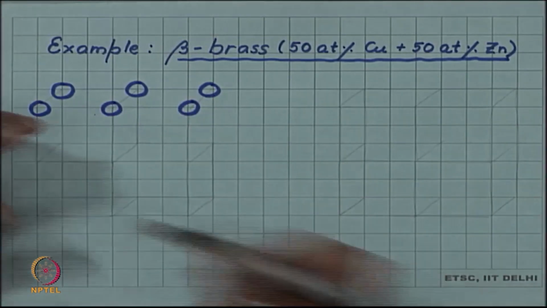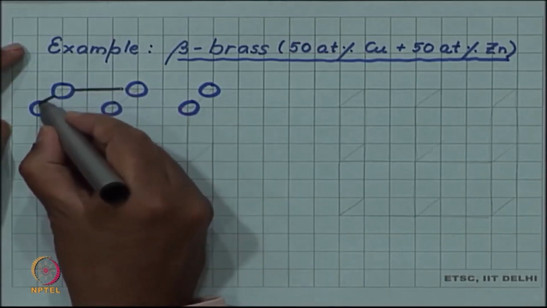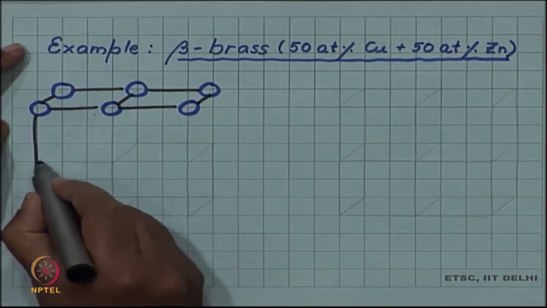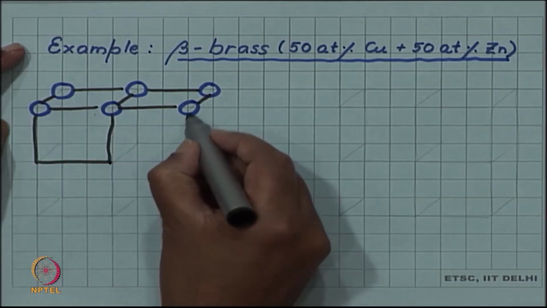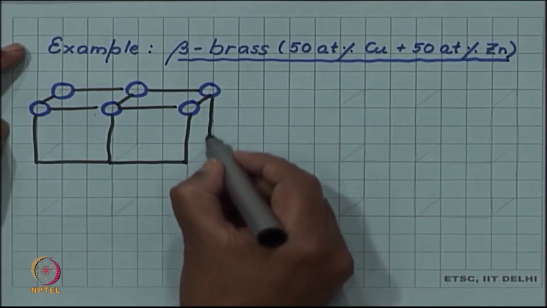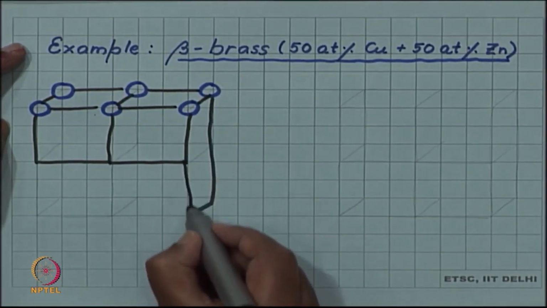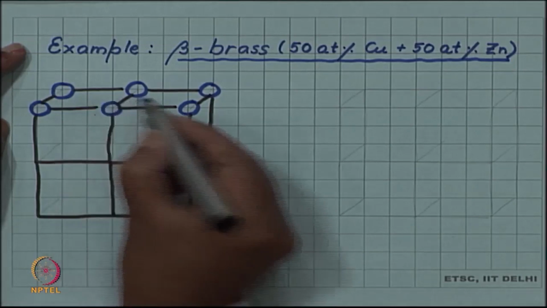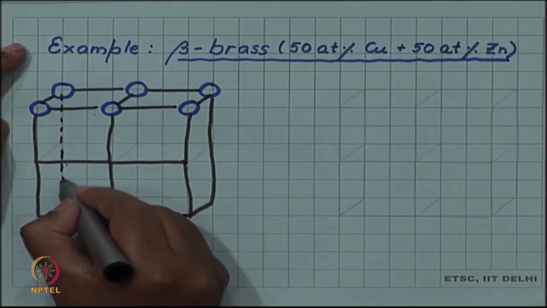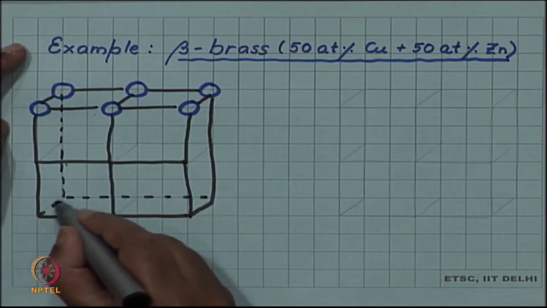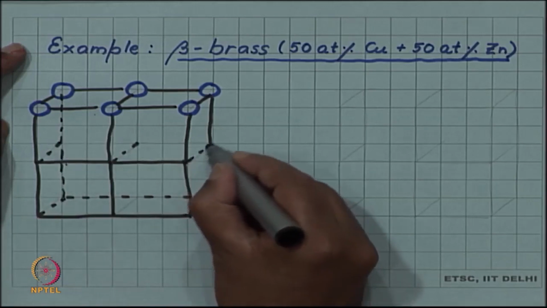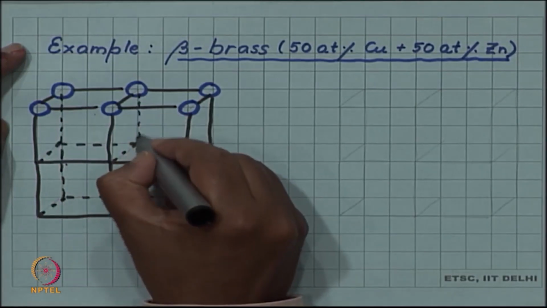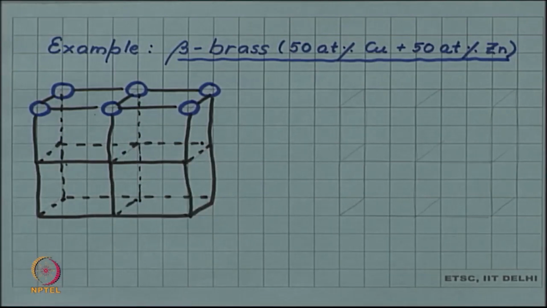4 unit cells. Let me first draw the unit cell and then I will place the atoms. So, you can see that I have 4 cubic unit cells.